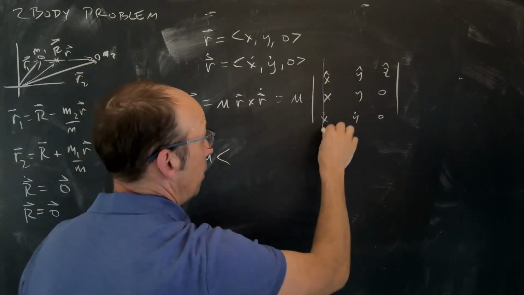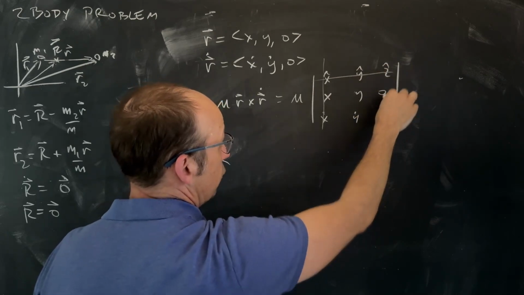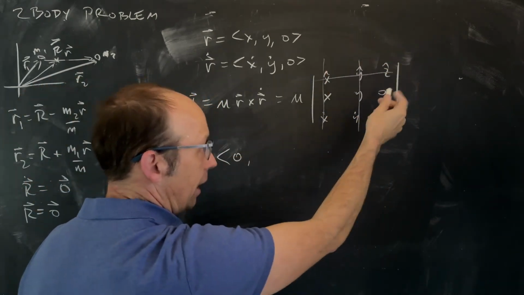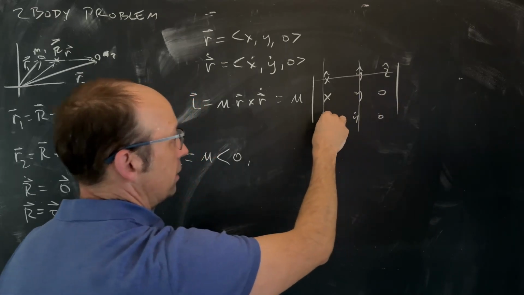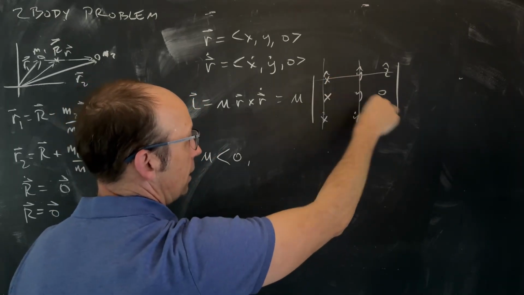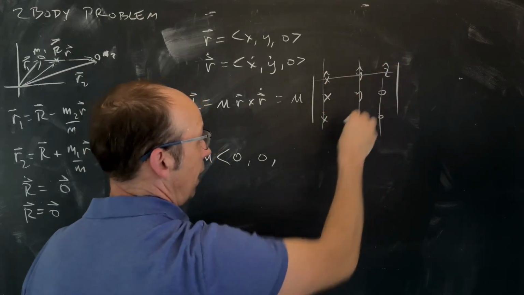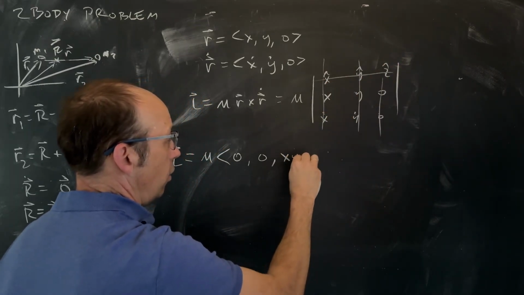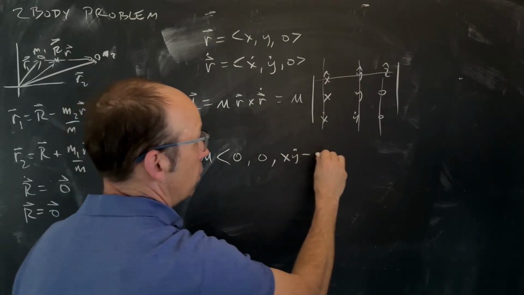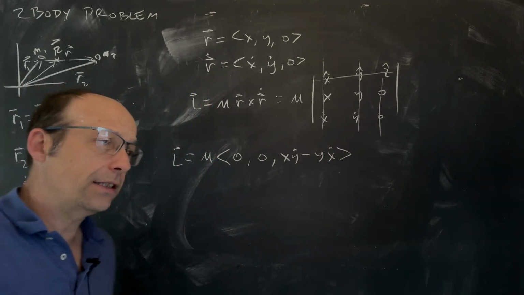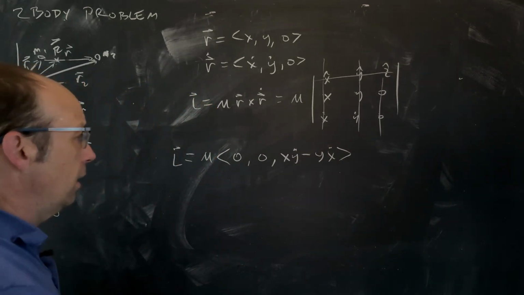I'm going to expand about this x, and I get y times 0 minus 0 times y dot. Then I'm going to expand about this. I have a negative sign, so I have 0 times x is 0, minus x dot times 0, which is 0. And then I have the z component: x times y dot minus y times x dot. And you'll notice that this only has a z component, and that's important.